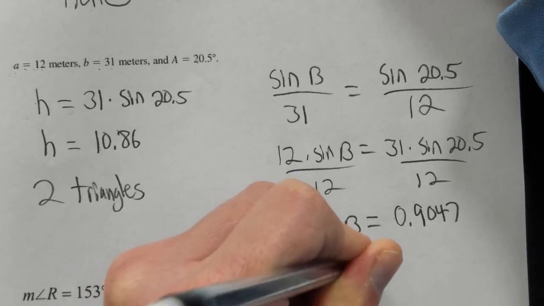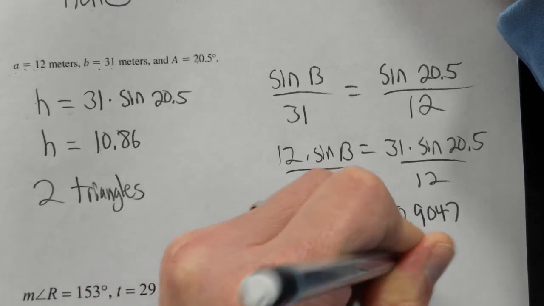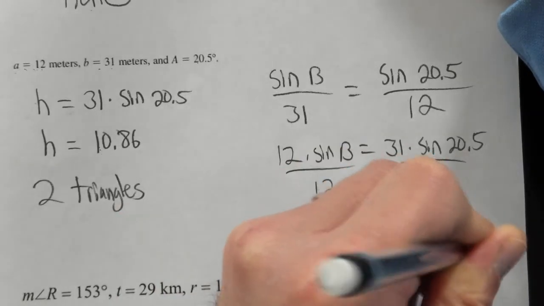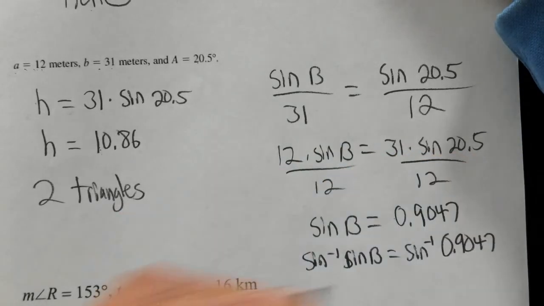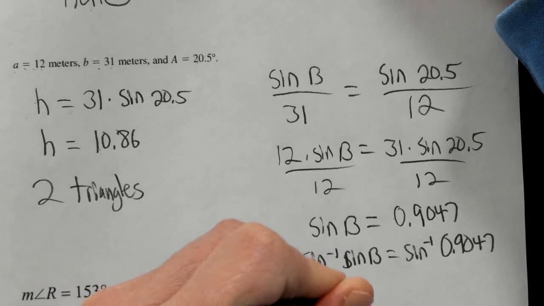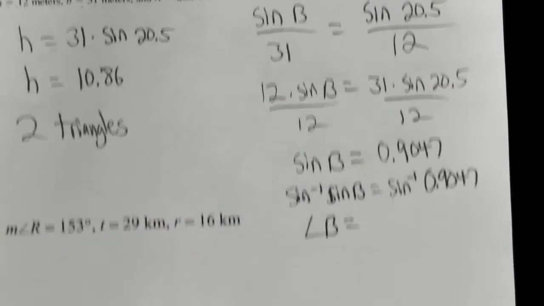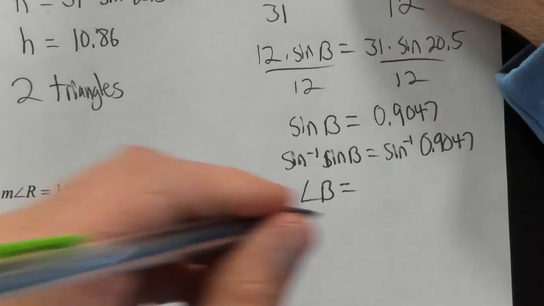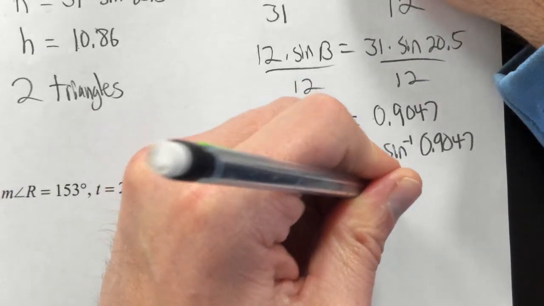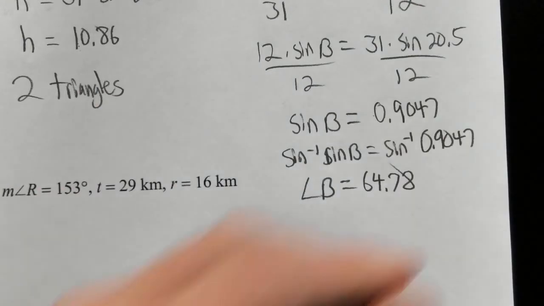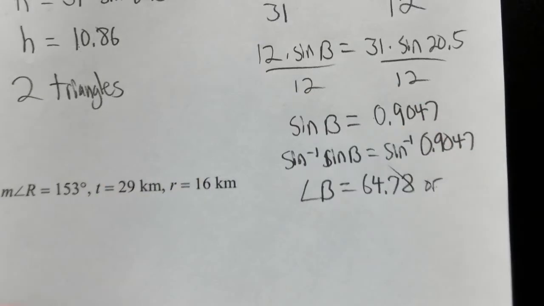Inverse sine of the sine of B equals the inverse sine of 0.9047. And then we'll get angle B. Now, if you actually plug that into your calculator and come up with the answer here, you would get 64.78. Okay. However, that's not the only angle for angle B.